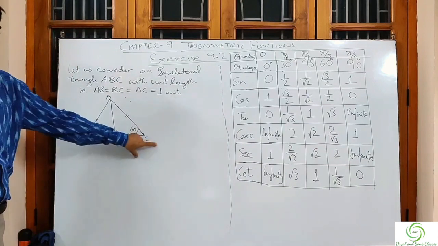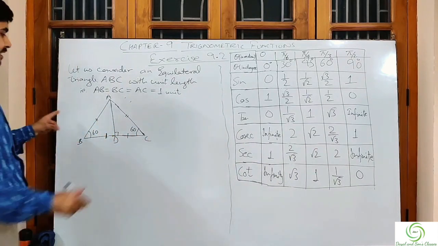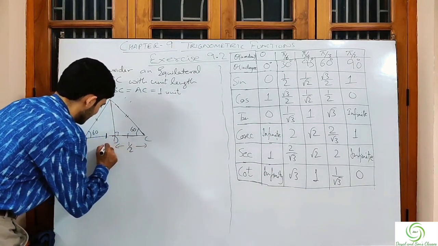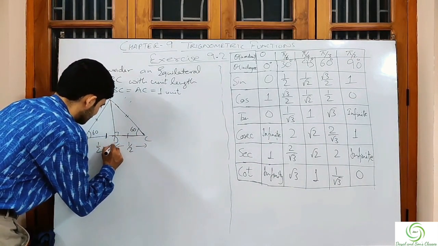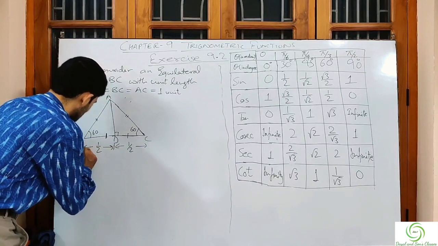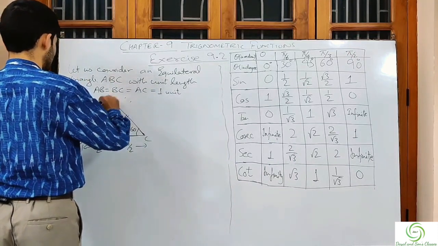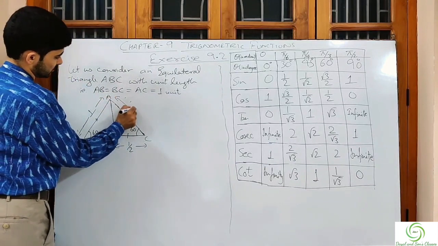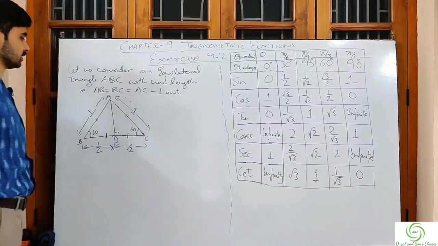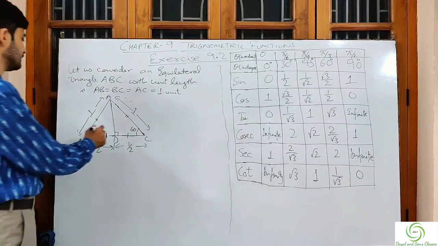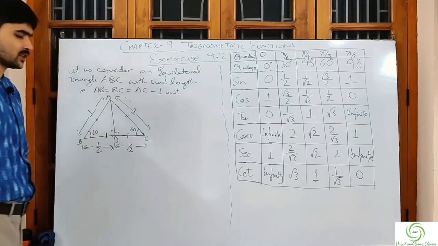Now, since we have considered the total length to be 1 unit, this will be half and this will also be half. This whole is 1. Clear?